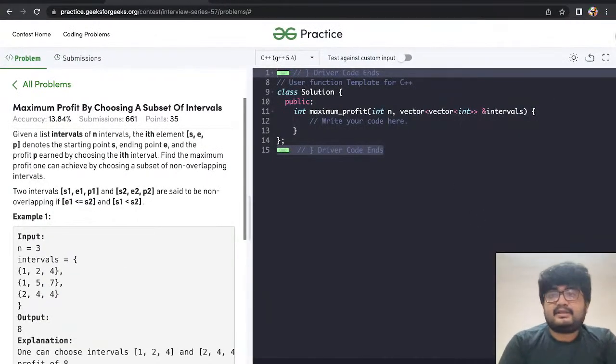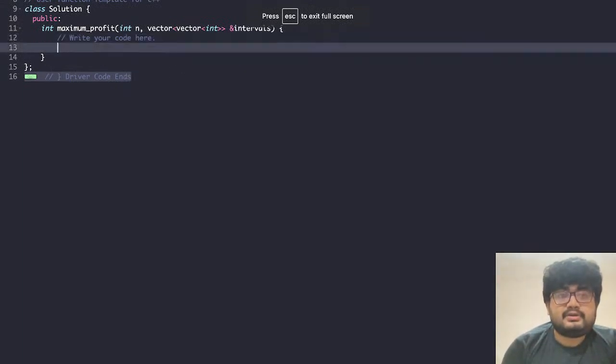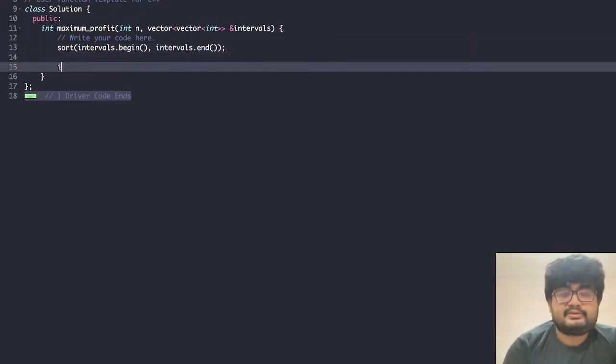All right, let's go ahead and write the code for this. Sort intervals dot begin, intervals dot end. Int n equals intervals dot size.